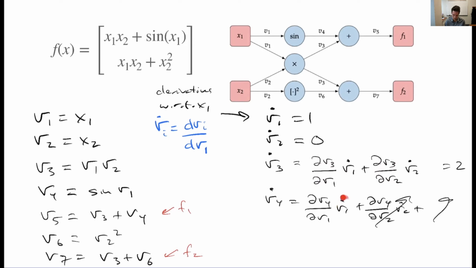I'm going to be reusing derivatives that I already have, and I just need to take a derivative of this one line, this one operation. So the derivative of sine is going to be the cosine of v1. So that's what I'd plug in here, multiply by numbers I already have, and now I've got a new total derivative. I march my way through. Again, this is in the book, so you can take a look in a little more detail.